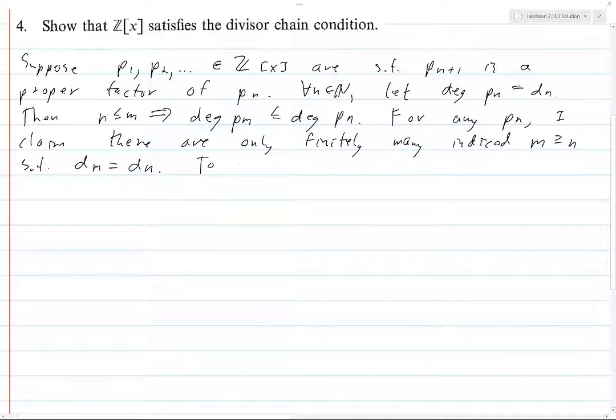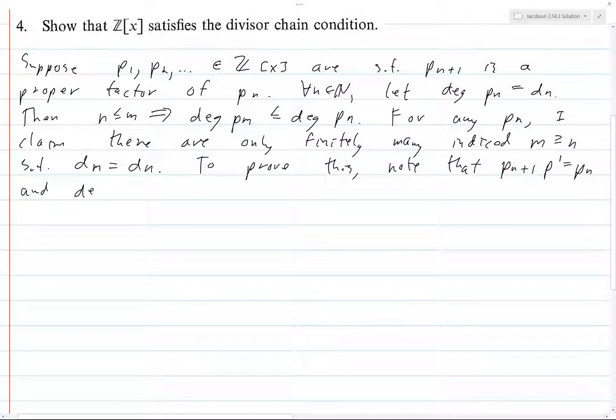To prove this, note that if Pn plus 1 times P prime equals Pn for some polynomial P prime, and if the degree of Pn plus 1 is the degree of Pn, then these imply that the degree of P prime equals 0.